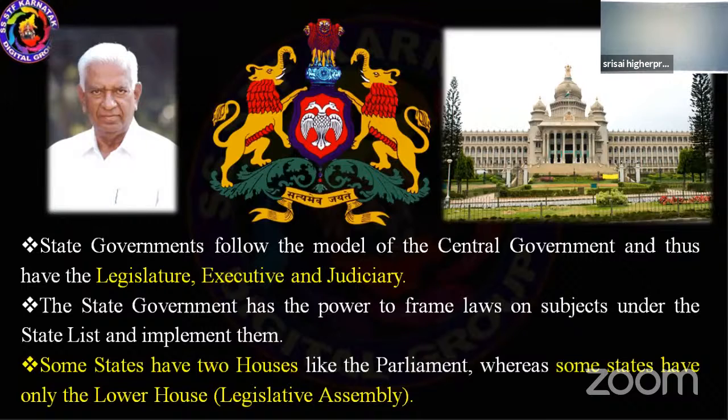They are Karnataka, Maharashtra, Andhra, Bihar, Uttar Pradesh. These are the states which have bicameral or 2 houses.